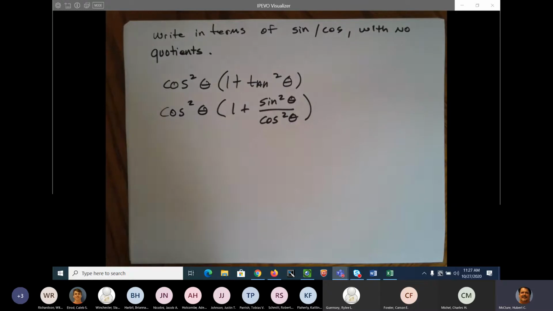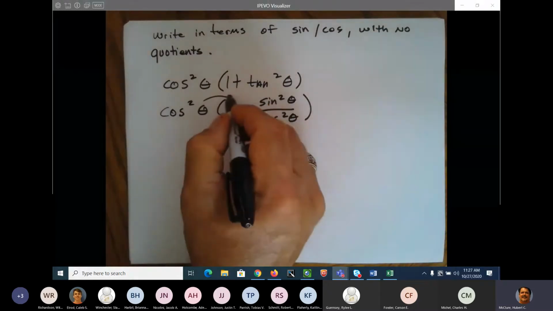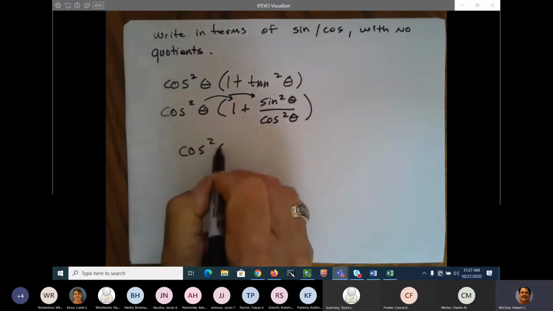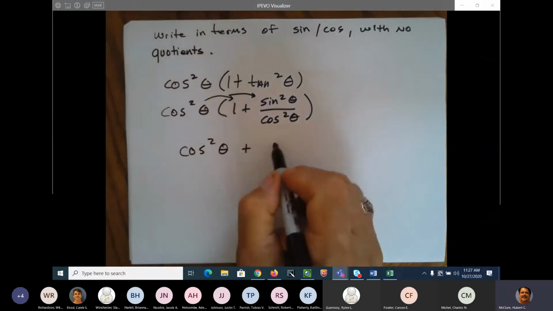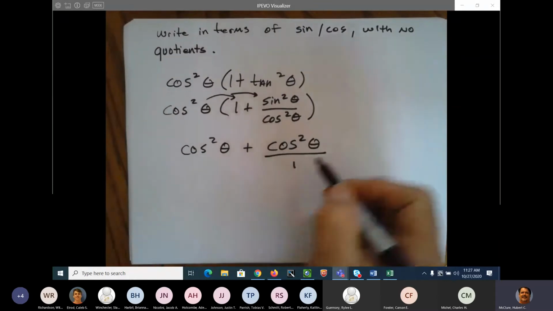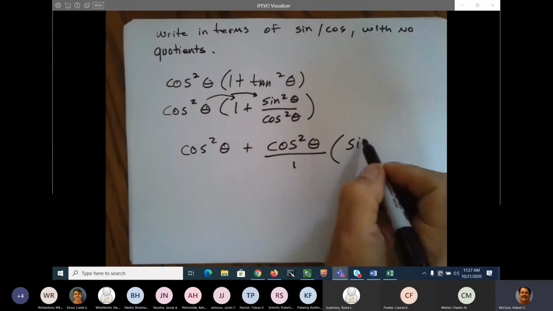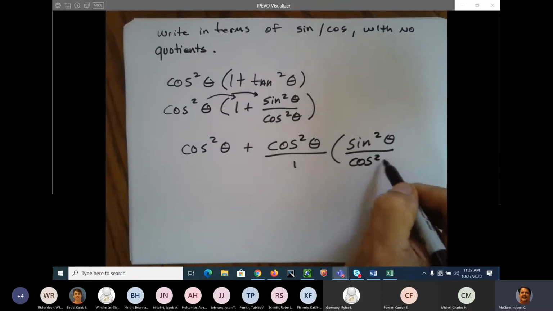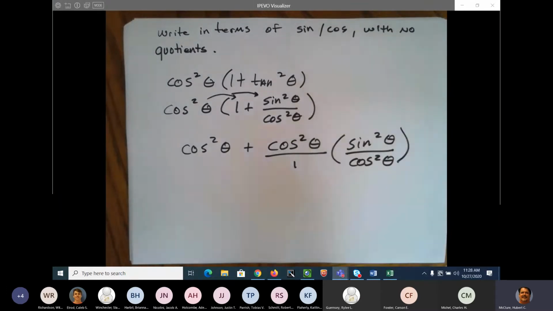Okay. Now distribute that cosine. And you get cosine squared theta plus cosine squared theta over 1 times sine squared theta over cosine squared theta. And what happens to the cosines?